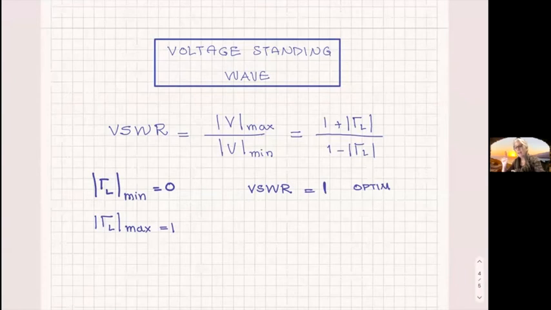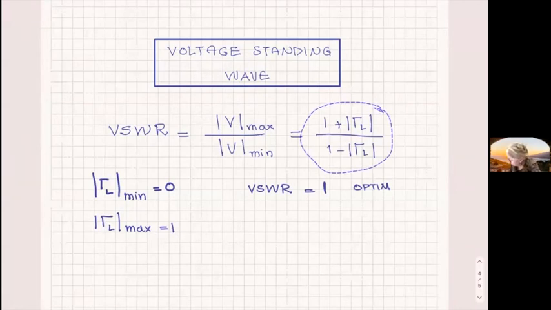That's a ratio, right? That's why V naught does not show. It's just the ratio, so the V naught gets out of the picture. The optimum, the best, the lowest and optimal value for VSWR is 1.